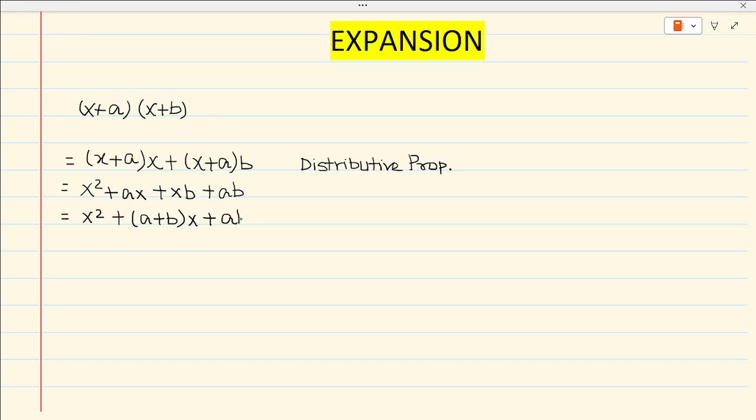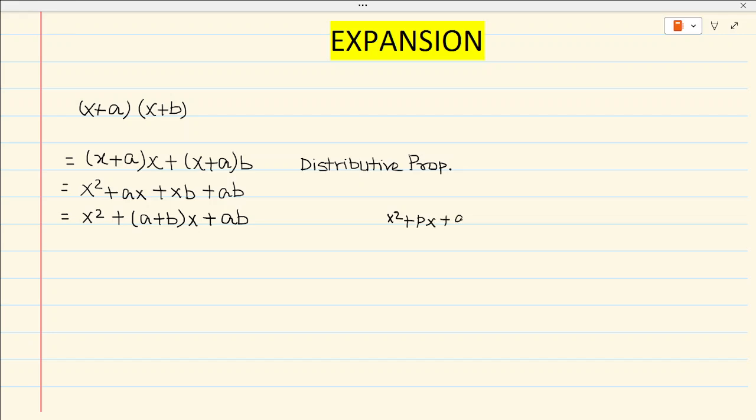Now if you remember my lecture number 7, when I was teaching you about factorization of trinomials, it was of the form x square plus px plus q.